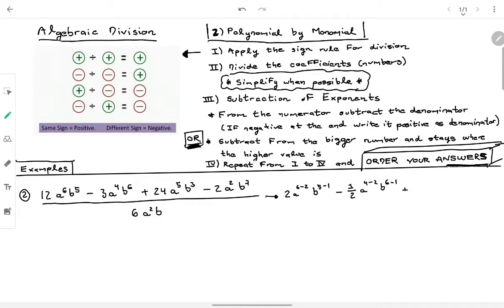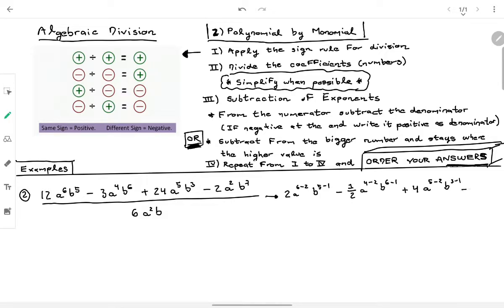Then it's going to be 24 over 6. Plus over plus is positive. 24 divided by 6 is 4. Then we will have a to the 5 minus 2, b to the 3 minus 1.